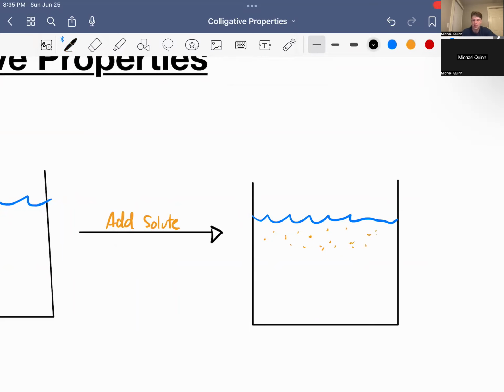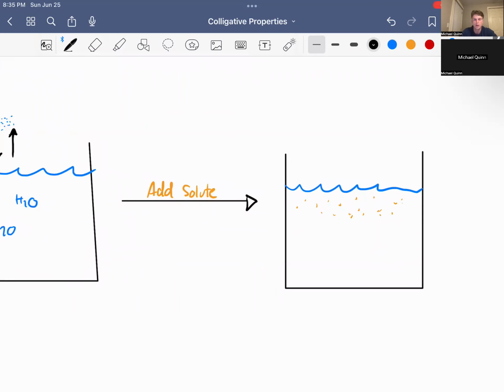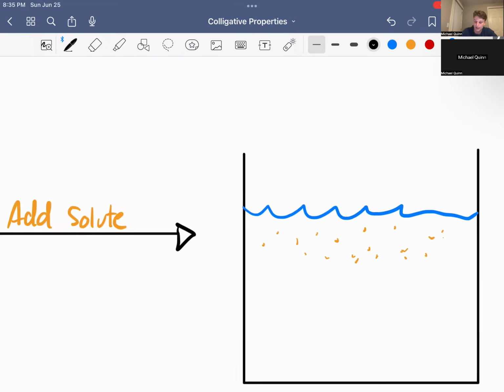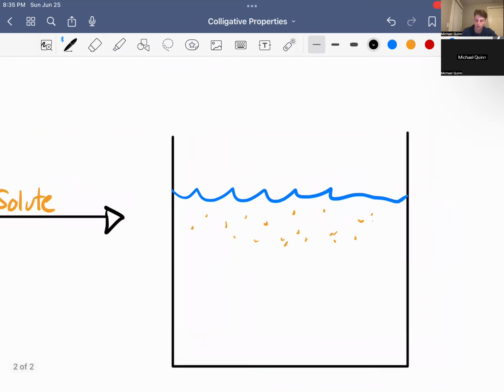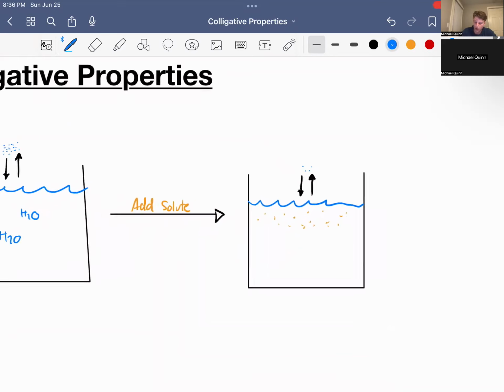And like I mentioned in the previous video, the vapor pressure lowering effect will cause fewer water molecules to form above this liquid layer. So the vapor pressure is going to go down. These solute particles will make it more difficult for liquid water to escape, evaporate into that gas layer. So we will see a lower vapor pressure, right?